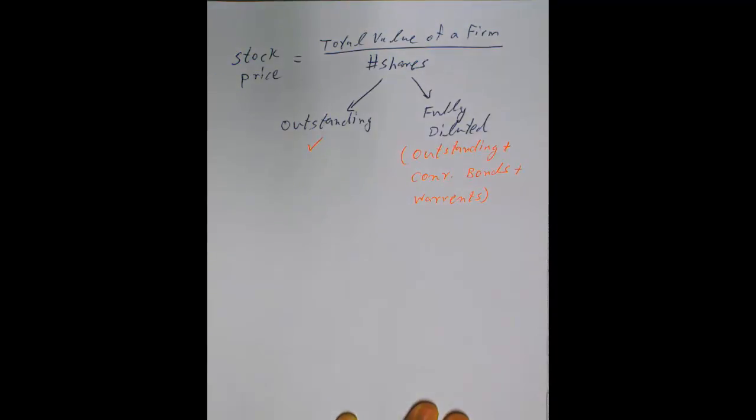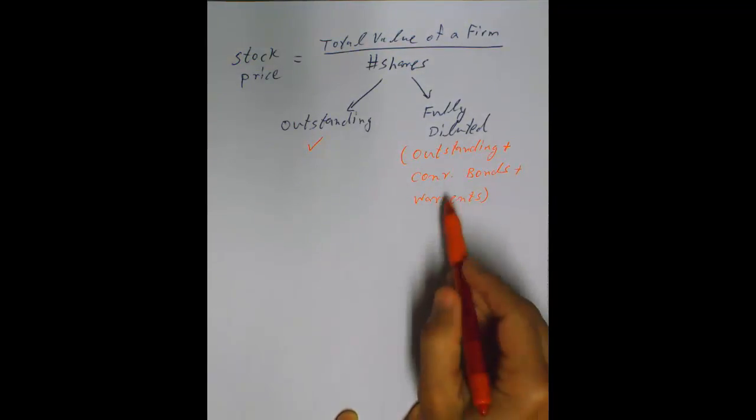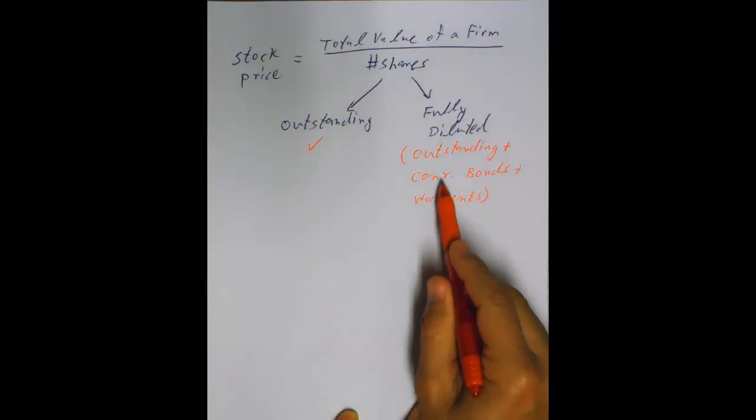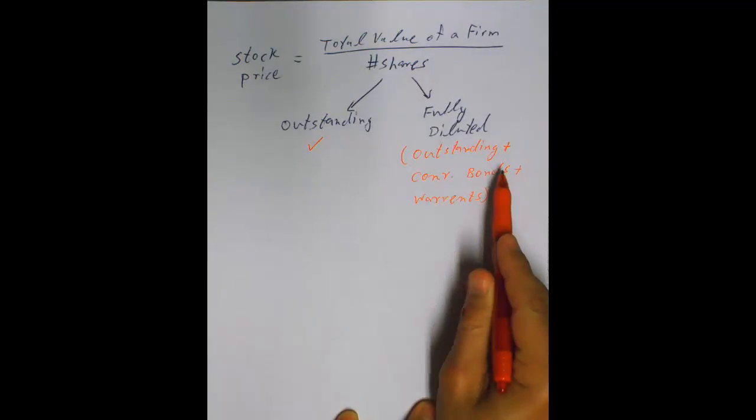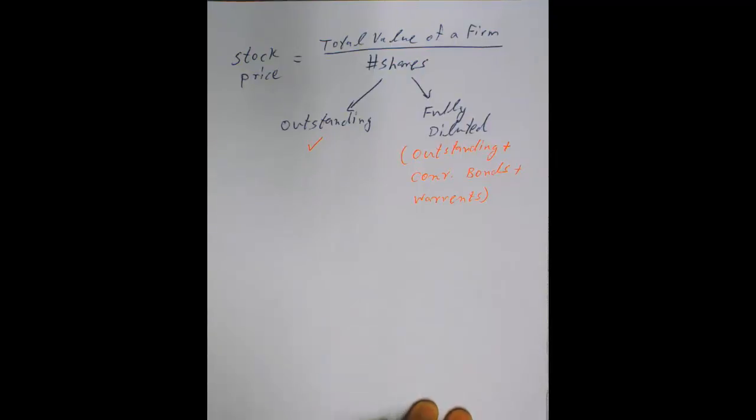That's the conversion ratio, which is fixed and known in advance. Whenever a company is asked to convert its convertible bond into stocks, they will have to issue new stocks in return. And this number will be added to the number of shares outstanding. So number of shares fully diluted will take these things into account as well.